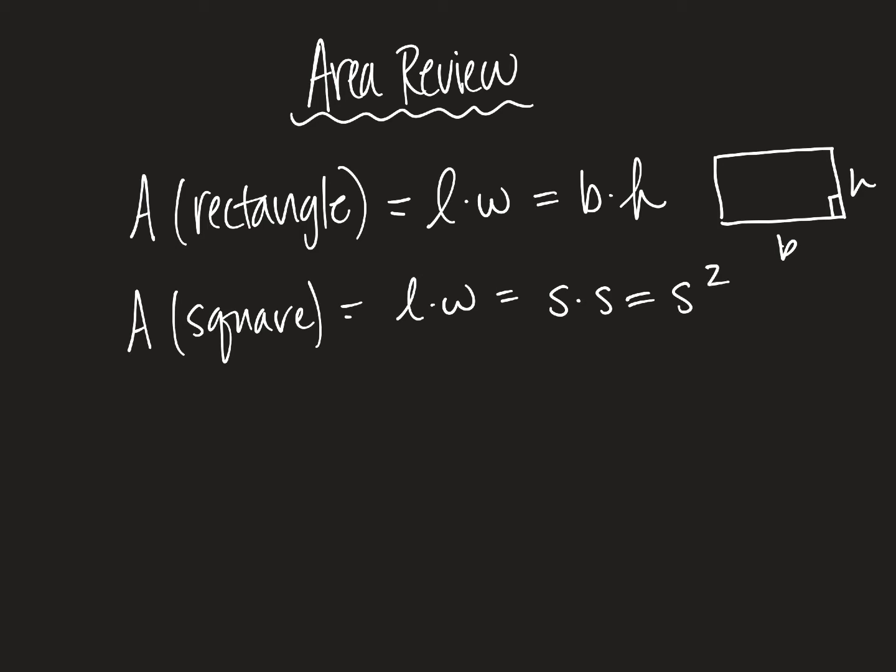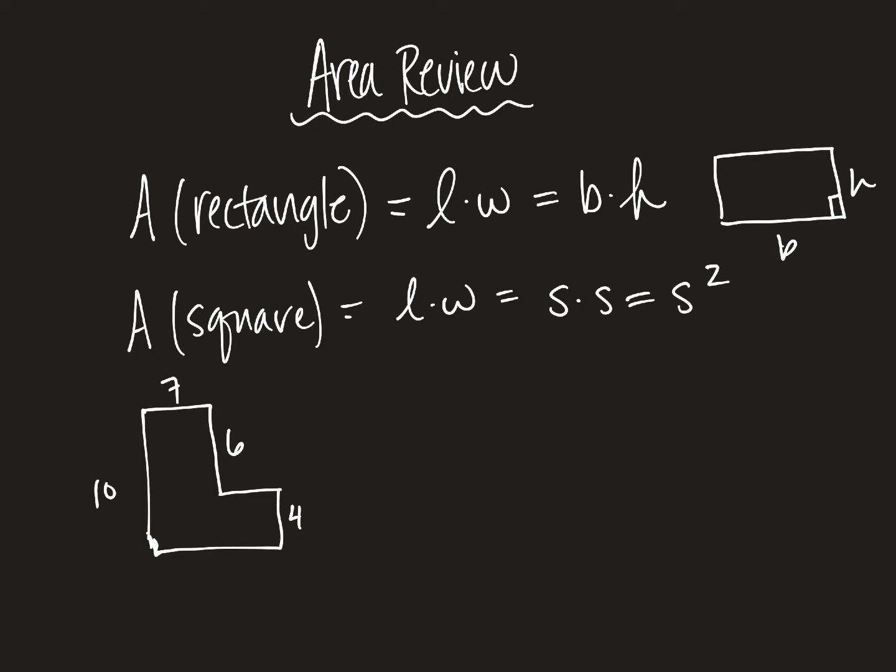We'll also do some things with compound area where we'll have some shapes maybe like this, and you'll have to separate it off yourself. So you'll be given some information like 10, 7, 6, and maybe 4, like that.